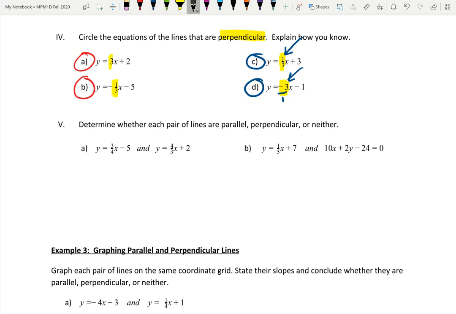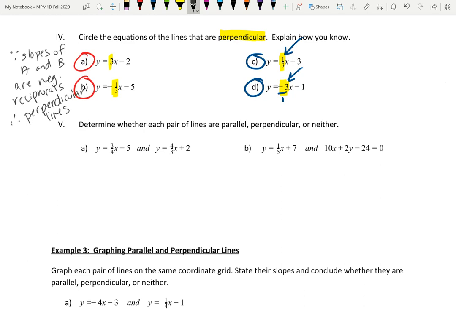So I'm going to write, for here, since slopes of A and B are negative reciprocals, therefore perpendicular lines.